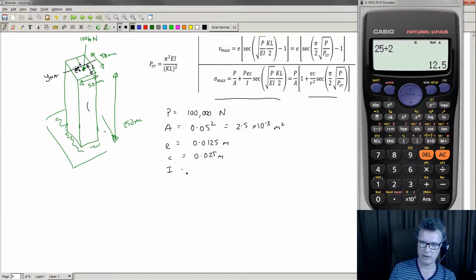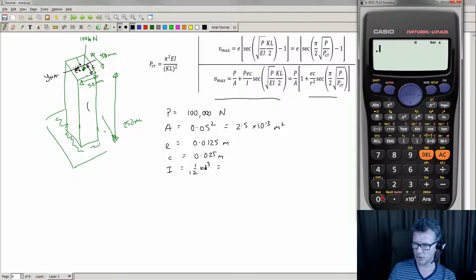The P, I know, oh sorry, I've got the I here. The I is going to be a 12th b d to the power 3. Well, we're dealing with a square beam, so it's going to be d to the power 4. D is 0.05 to the power 4, and then divided by 12.